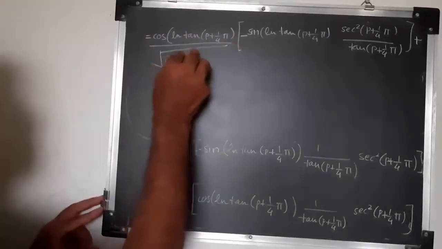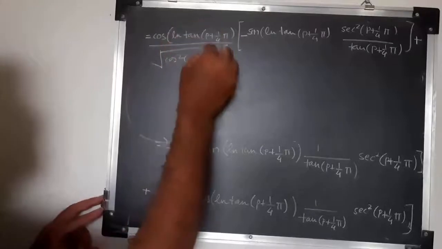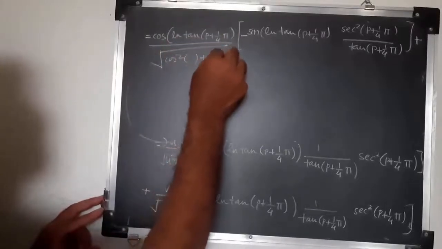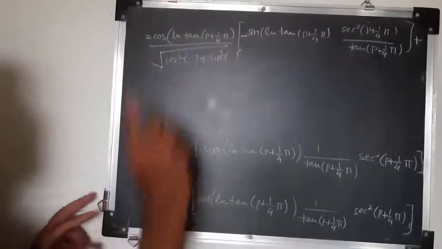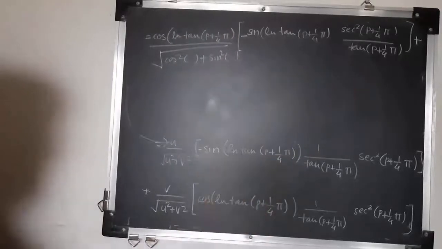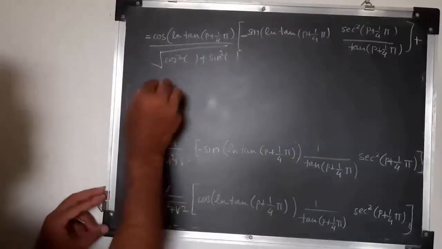This is cos square into this whole bracket plus sin square into this particular bracket, plus v times v is what?